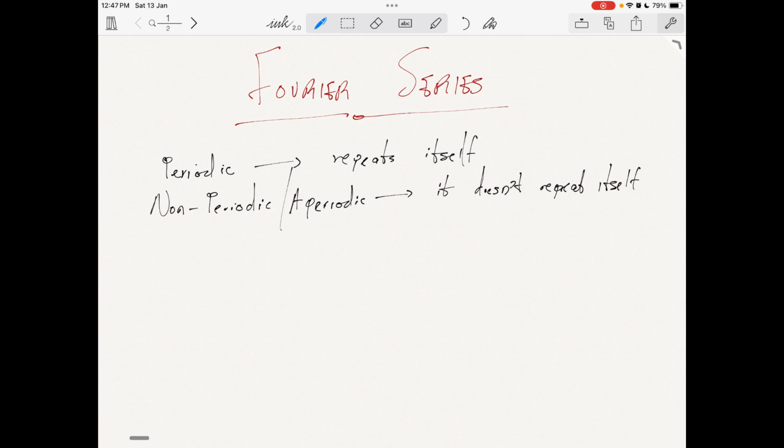Now, it can repeat itself over a range of 0 < x < 2 pi, or over the range of minus pi < x < pi.